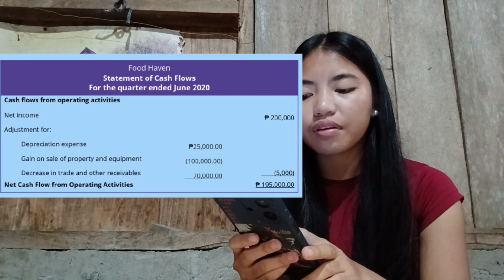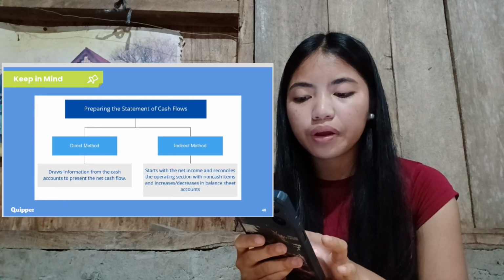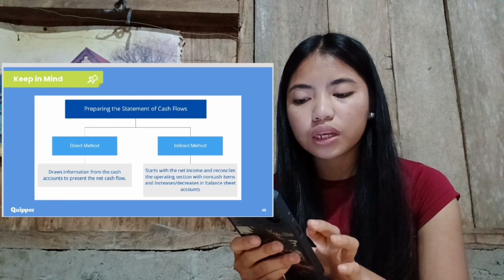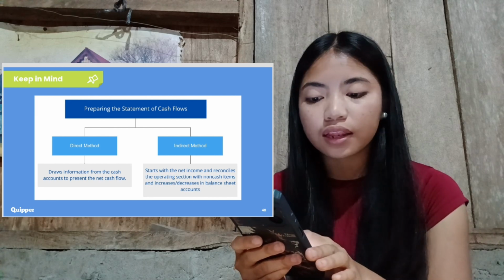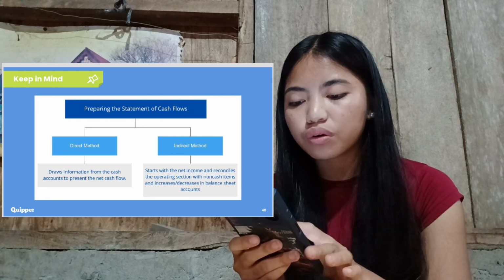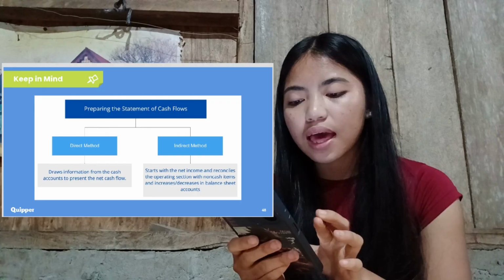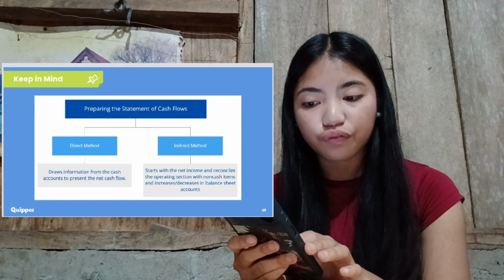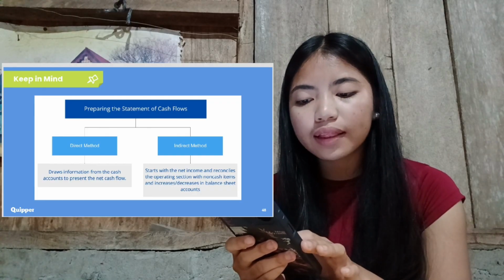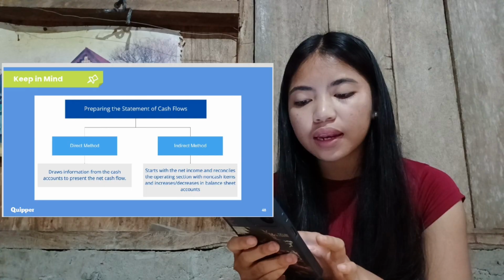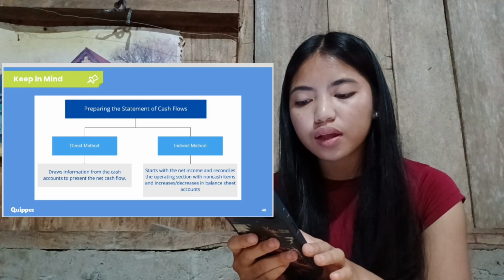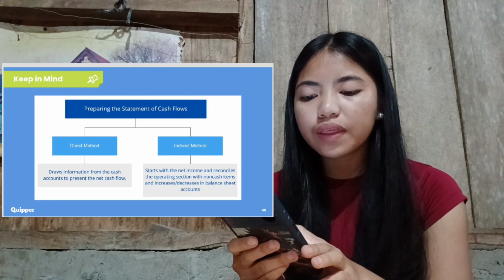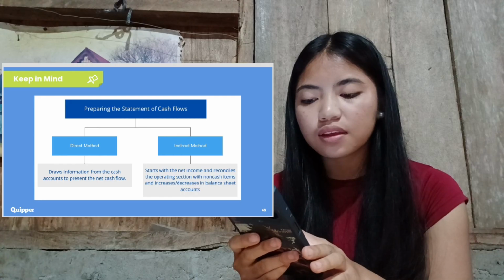uses sa indirect method. Again, the two methods are the direct method and the indirect method. The direct method draws information from the cash accounts to present the net cash flow, while the indirect method starts with the net income and reconciles the operating section with non-cash items and increases or decreases in balance sheet accounts.